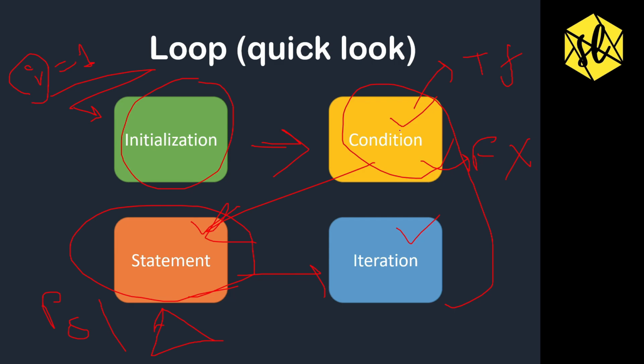If the condition is true, the statement executes, and after that iteration occurs, and again the value of i changes and is checked again in the condition. And if this time it becomes false, the statement doesn't execute any further.